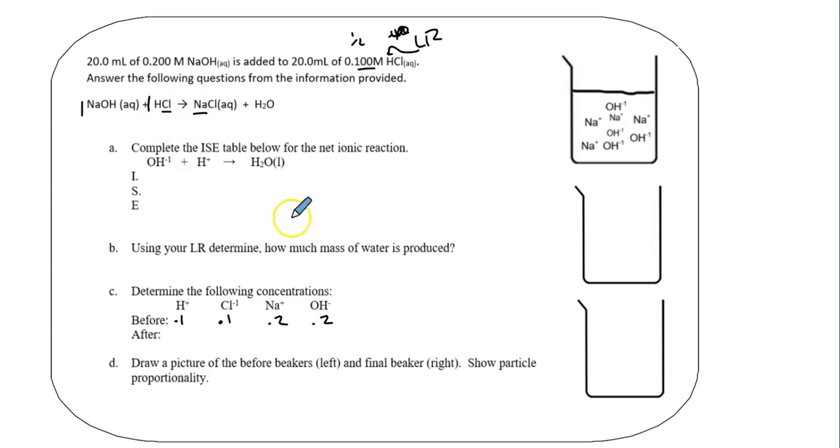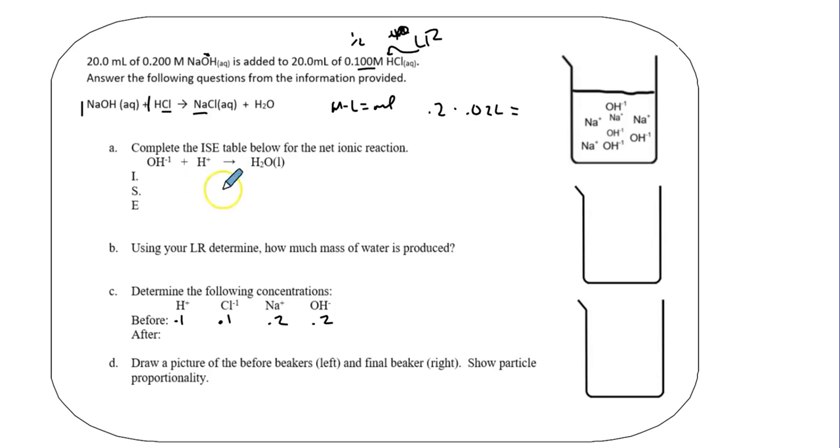So what is my moles of hydroxide? Molarity times liters equals moles. Molarity is 0.2. The volume is 0.02 liters. So that's my moles of hydroxide here. It's going to be 0.2 times 0.02 equals 0.004.